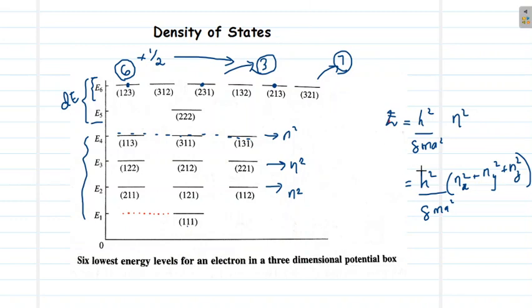And what does it mean to have a lower Nx square plus Ny square plus Nz square? If Nx square plus Ny square plus Nz square is within a particular value, then that means energy is actually limited within that value.